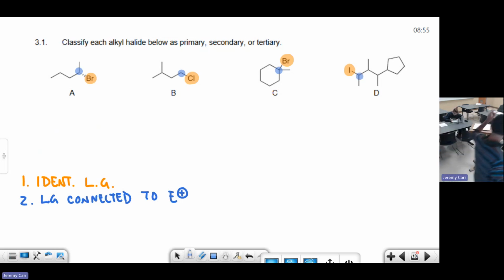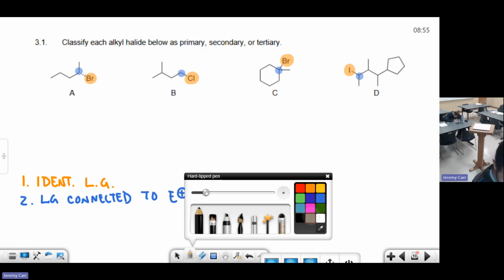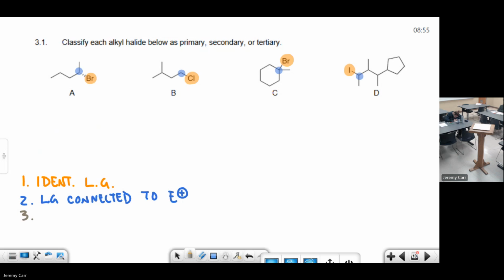All right, so we've identified the leaving group. We've identified the electrophilic position. Now we have to determine, is the alkyl halide primary, secondary, or tertiary? This is our third step. We ask ourselves, how many carbons are touching the electrophilic carbon? That's where our answer is going to be.